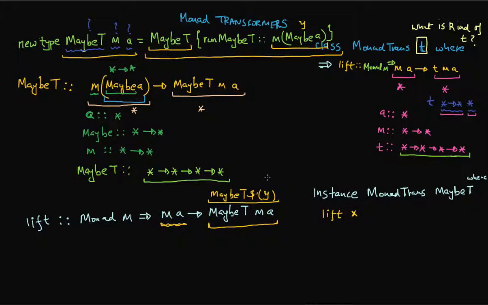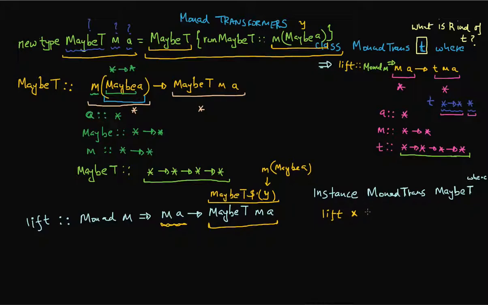But I'm going to assume that the type for this value y is m of Maybe a. So that's the understanding, just to give you some intuition as to how we go about completing this method, lift x here.